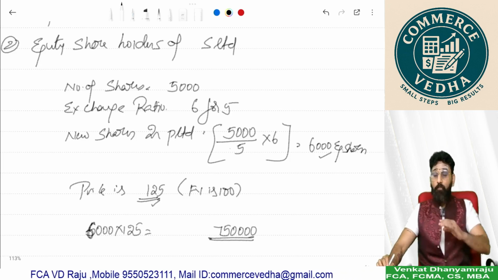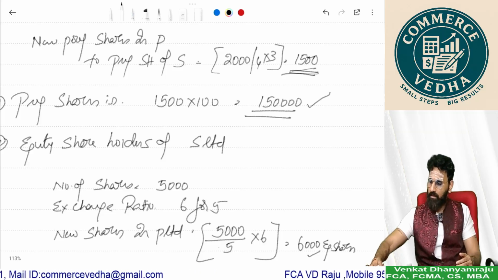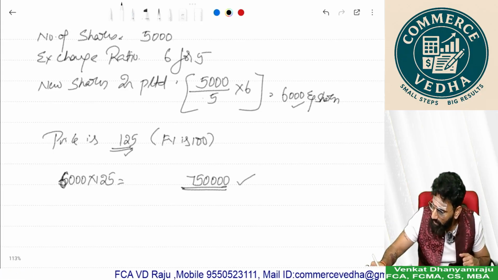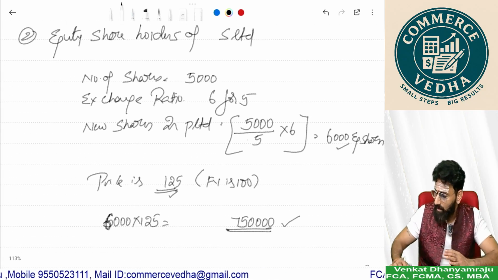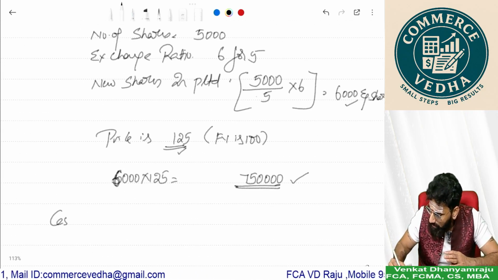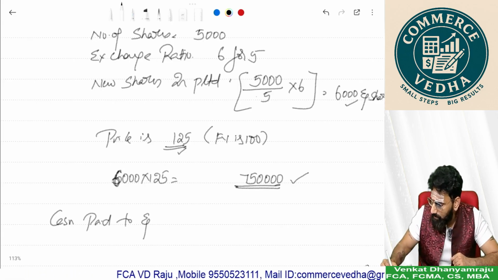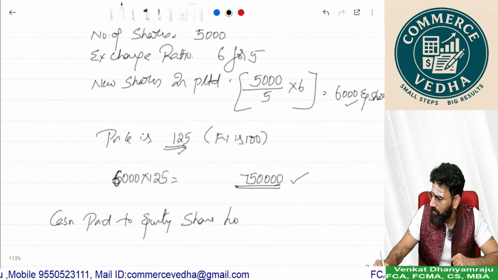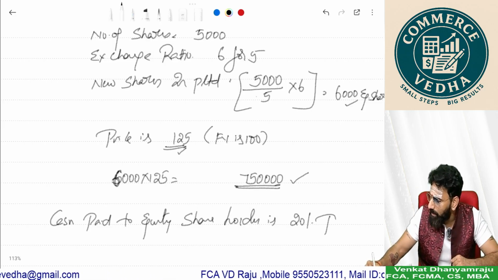So in the form of preference shares, I am giving 1,50,000. In the form of equity shares, I am giving 7,50,000. And also to equity shareholders, cash paid as 20 per share.